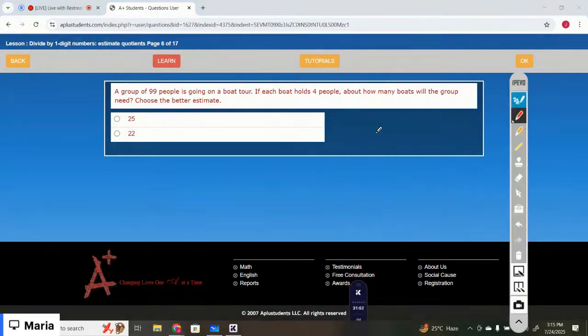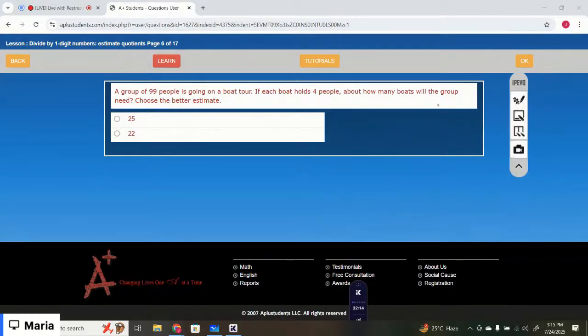That is 100 divided by 4. That is 25. Option number 1 is the correct option. 25 it is.